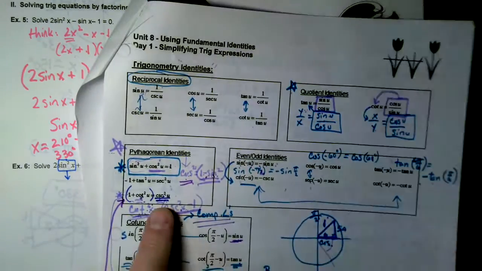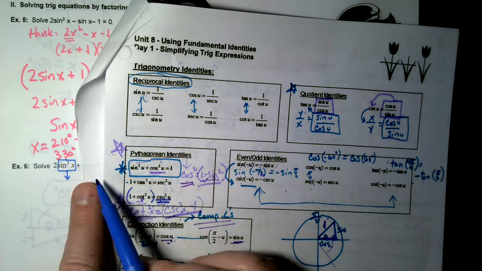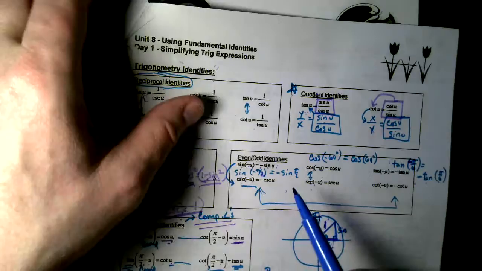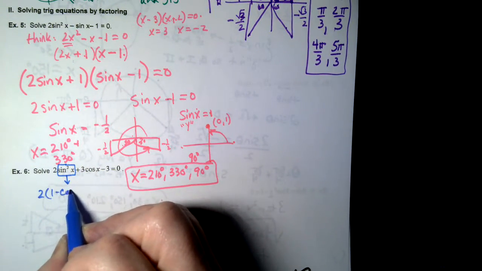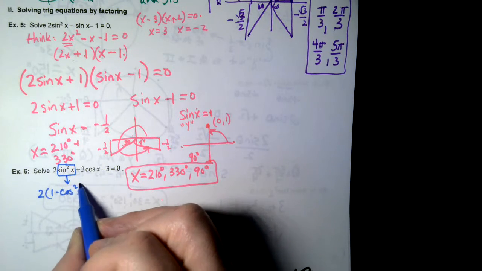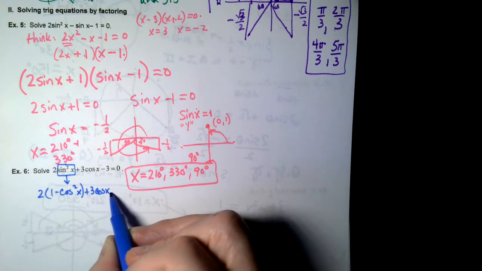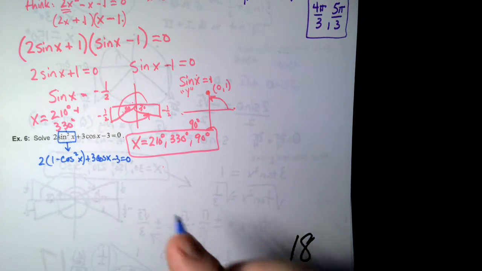And you go to that very popular sine squared plus cosine squared equals 1. Take the sine squared out and replace it. You would replace that with 1 minus cosine squared x plus 3 cosine x minus 3 equals 0. That's kind of a crazy problem.